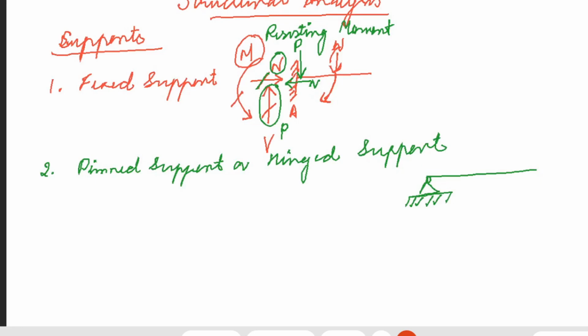It will certainly have a resisting reaction, and it will also have a horizontal normal force. But what will happen to the moment? It will release this moment, because being a hinge at its center, whatever moment comes on this side will be released on the other. No resisting moment will be there.